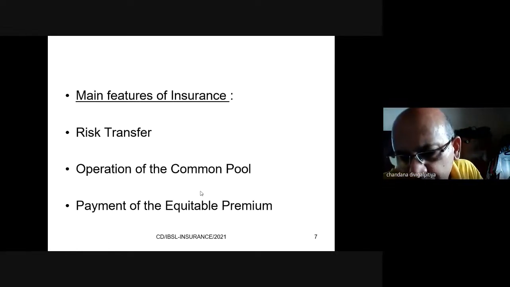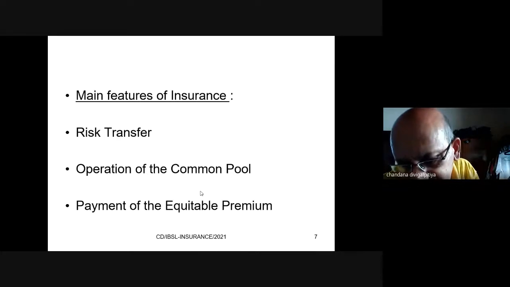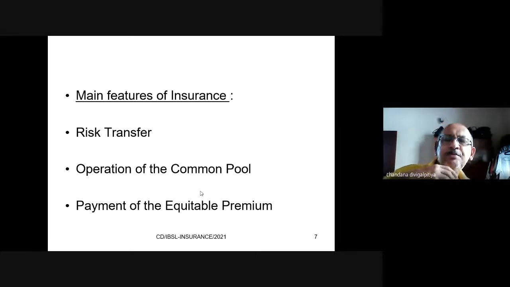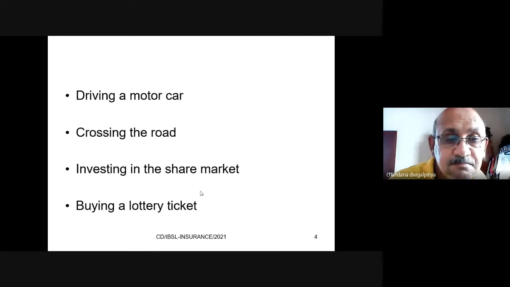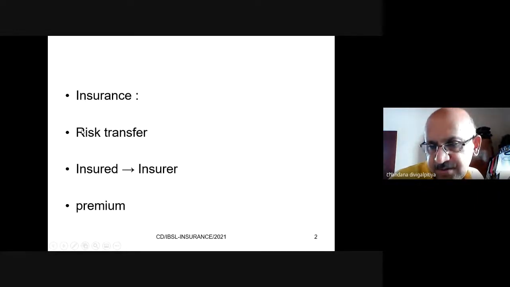So premium varies by occupation. Second person, high voltage line, high risk job. First person, not high risk. So equitable premium is based on the risk factors.